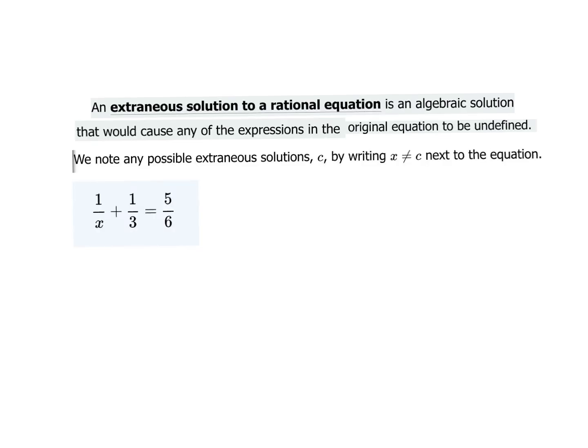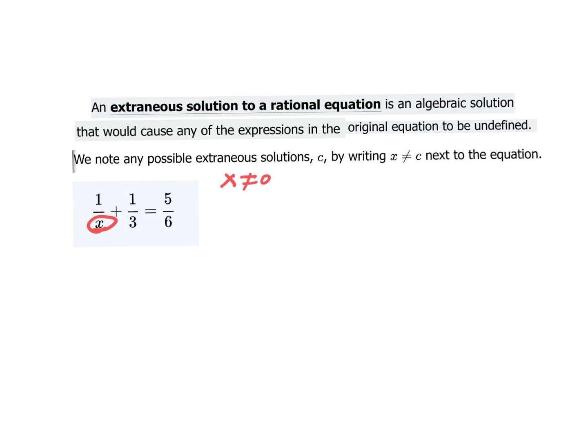So when we look at being able to solve a rational equation, the first thing we have to do is restrict our domain by looking at where the variable is, and we know that we can't have division by 0, so in this particular problem we know x cannot equal 0.